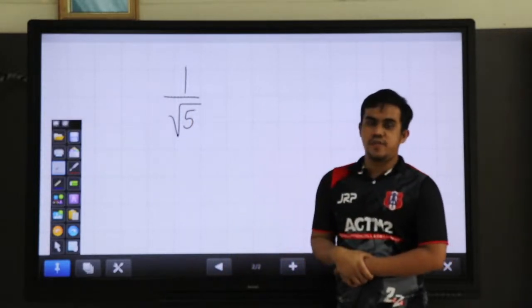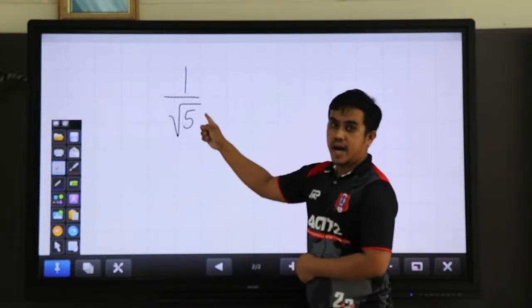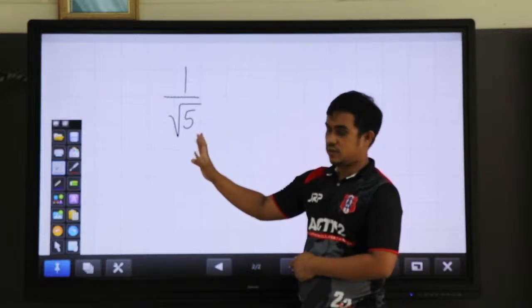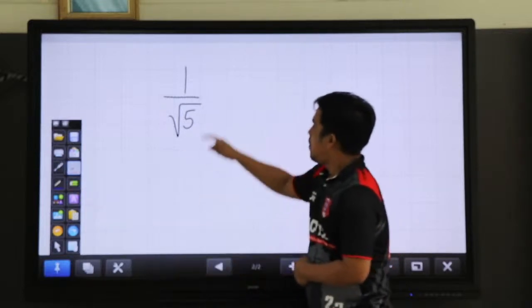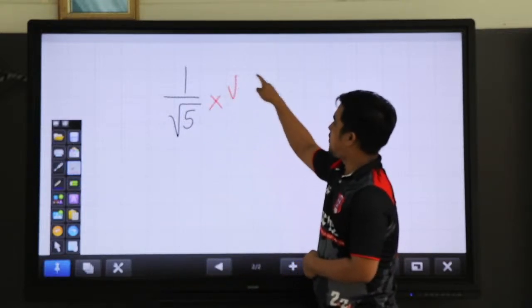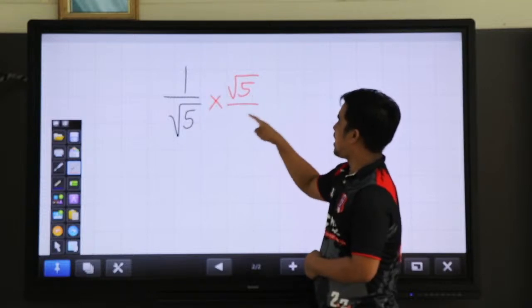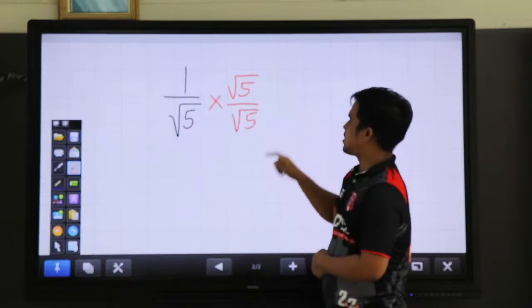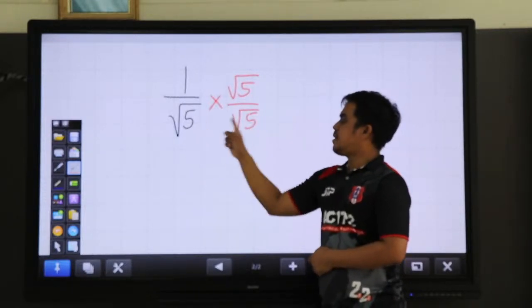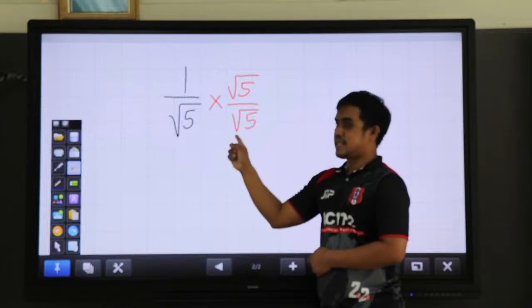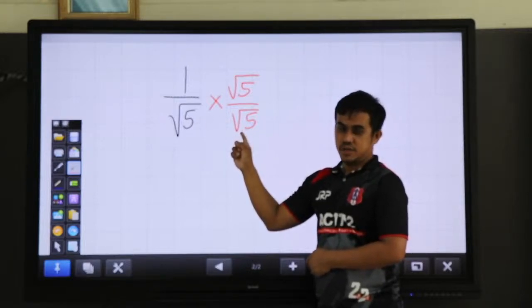Remember, you have to look for the rationalizing factor of square root of 5. Multiply it by square root of 5 over square root of 5, because if you multiply a surd by itself, it becomes a rational number.